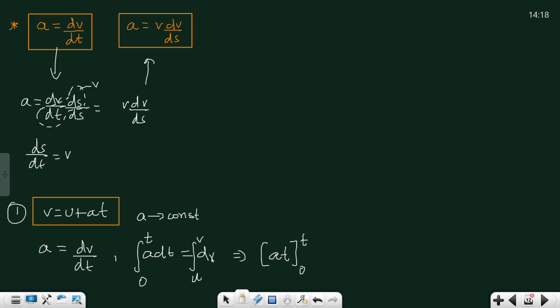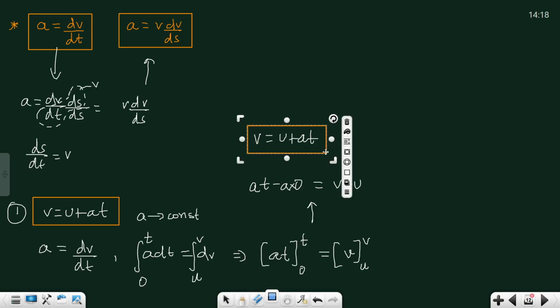And what about the integration of dv? That will be v, from u to v. When you put the values, what will you get? Final value minus initial value. That is equal to v minus u. When you rearrange this term, you will get v is equal to u plus at. Clear? So this is the first equation.